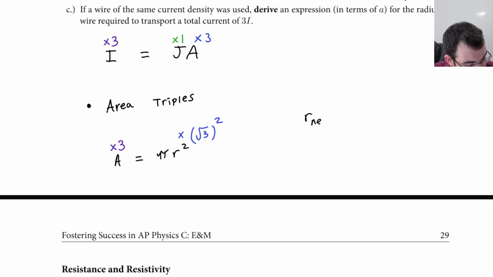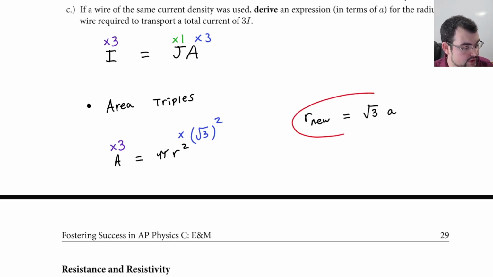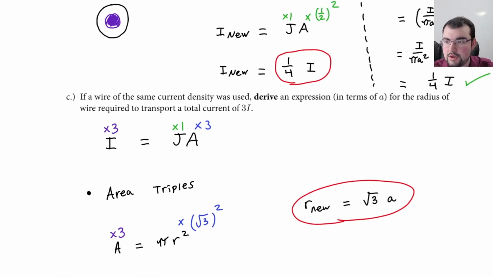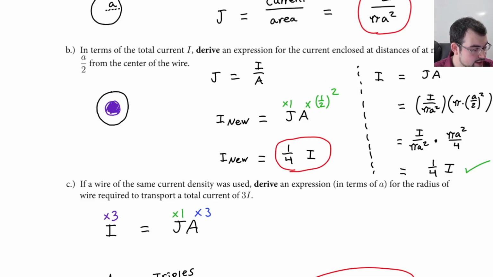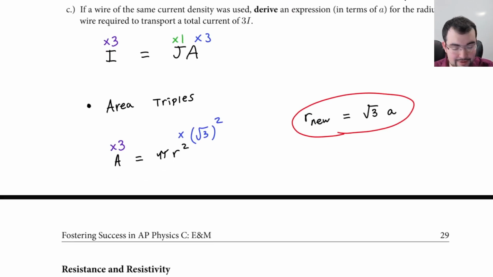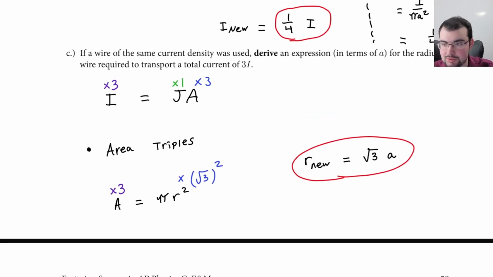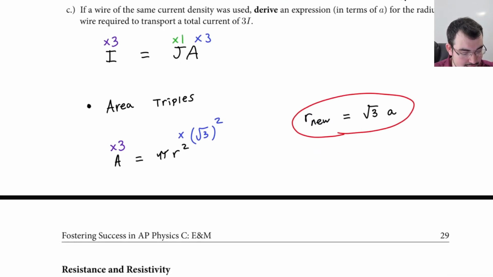So our new radius is root 3 times our original wire radius. That's tricky. Now, you could work it out again, right? You could totally do it like this. If you love just the plugging and chugging, absolutely do it. It will totally work, because you would get 3I equals I over pi a squared times pi r squared, and you get r equals root 3 a. But I think this is a much more elegant way of doing it using multipliers.